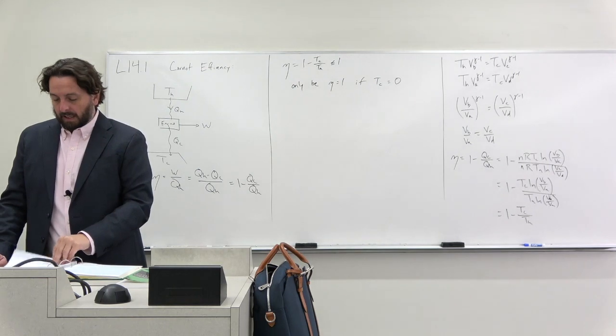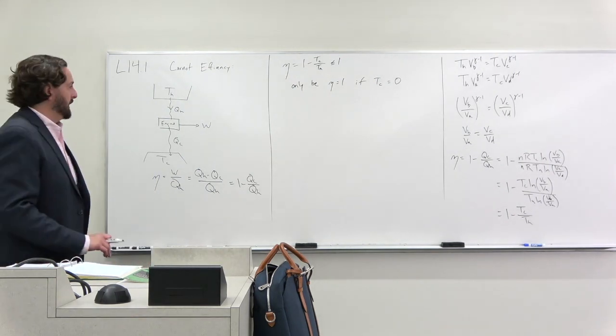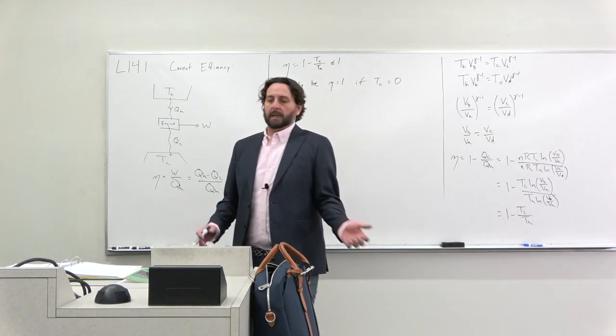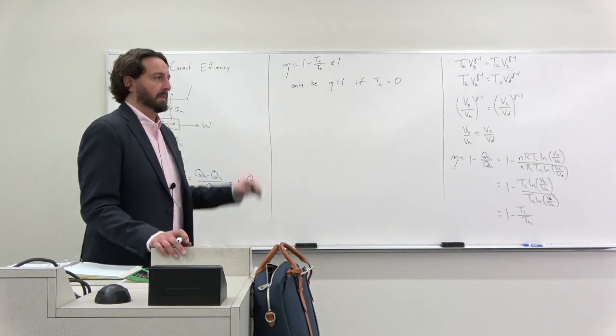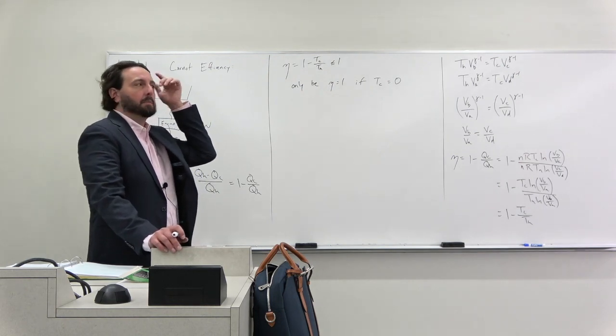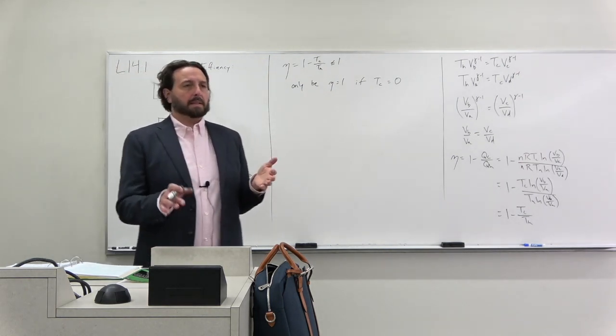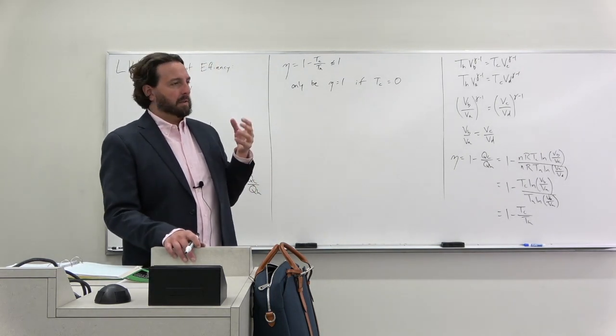Okay, so the one last question here is, I derived this for an ideal gas, but is this general or is this only applicable for an ideal gas? It actually turns out that this is a completely general result. You can think about this in terms of the following scenario.